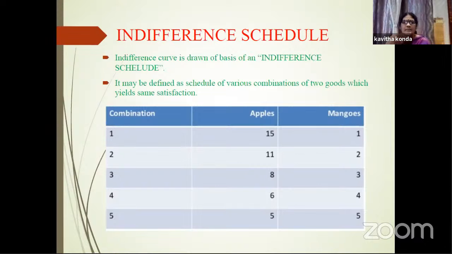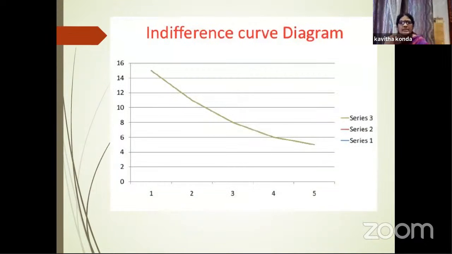So this can be represented in the schedule. Now the curve shows how X and Y have been substituted. In this curve, we can see the series of how we are going on. The indifference curve diagram shows the satisfaction from different commodities.